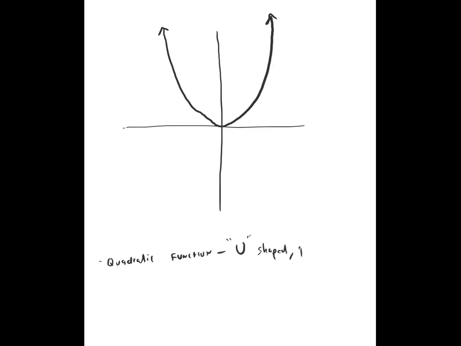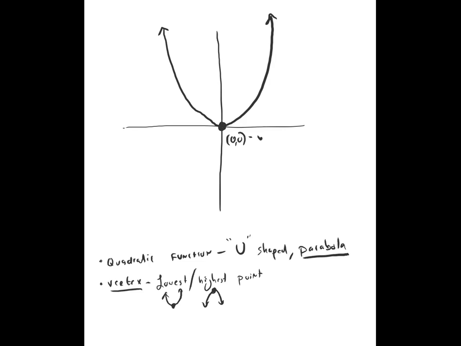In other words, we call it a parabola. It has what's known as a vertex, which is the lowest or highest point. Lowest point would look like this. Highest point would be right here. So this right here, our 0, 0, is a vertex.